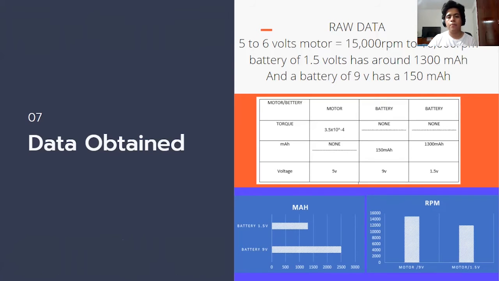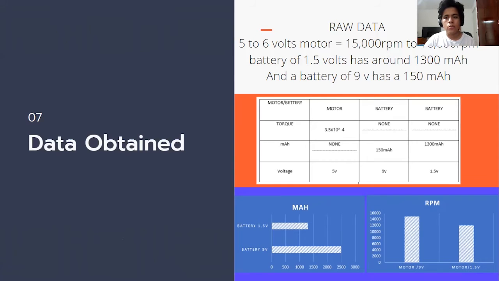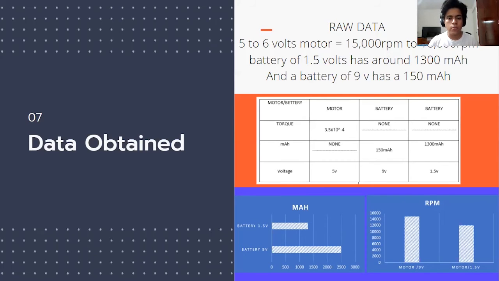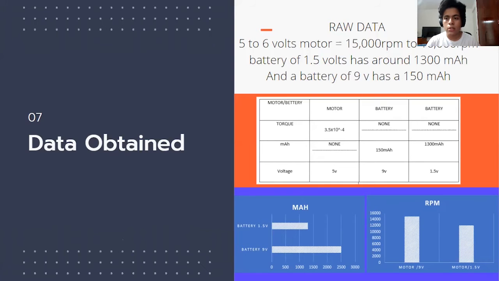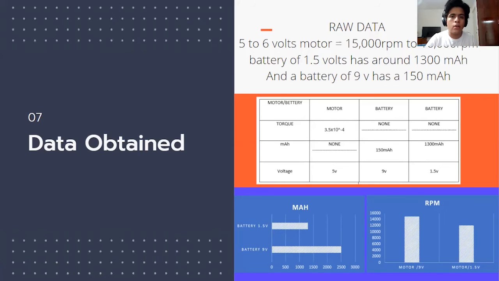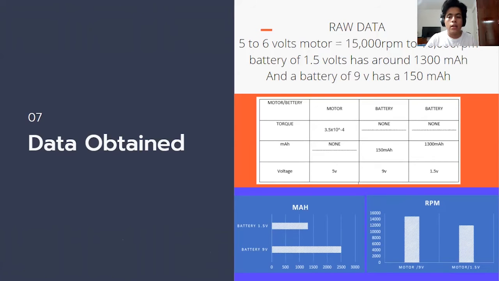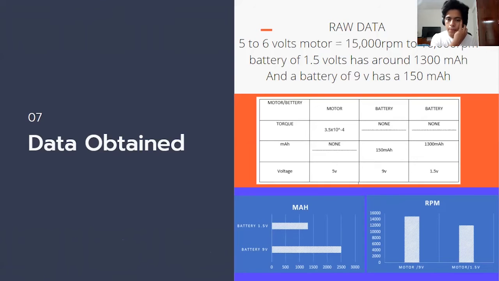The measurement of them is in milliamperes. The first battery can reach 1,300 milliamperes, and the second one can reach 1,500 to 2,500 milliamperes.